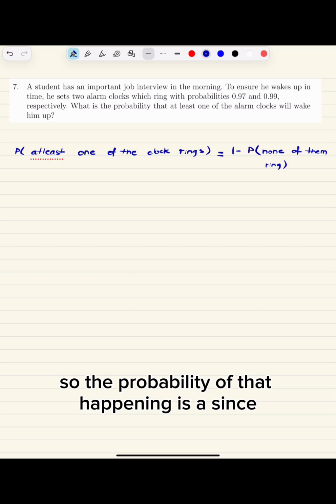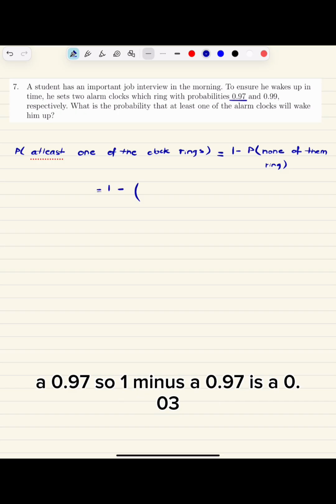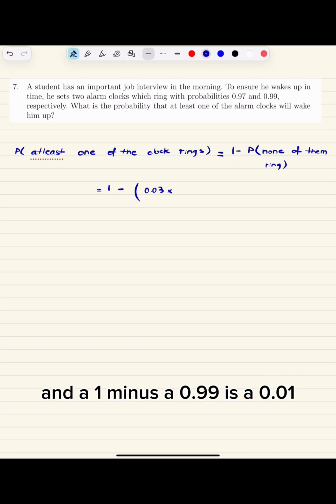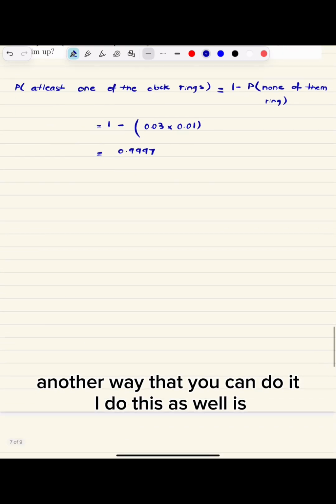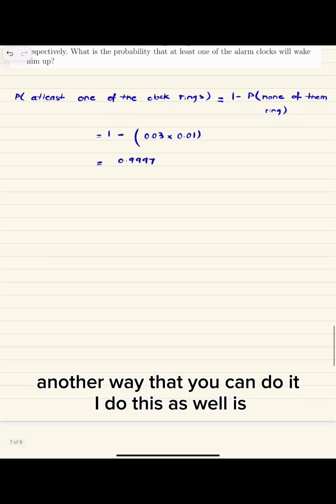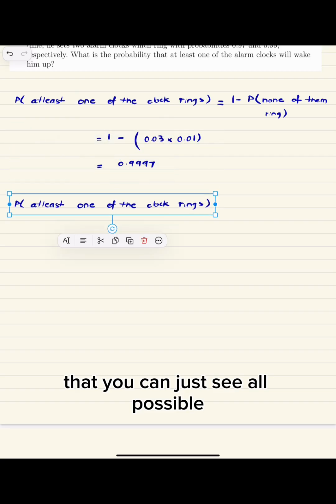The probability of the first ringing is 0.97, so 1 minus 0.97 is 0.03, and 1 minus 0.99 is 0.01. So this will give us the answer 0.9997.